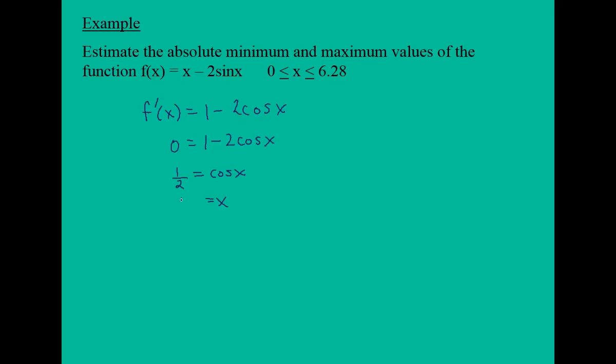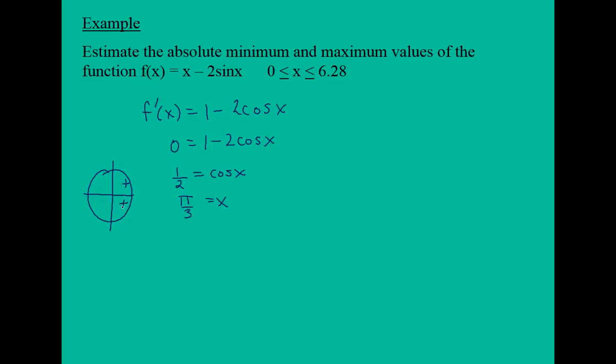Now the cosine of pi over 3 is in the first quadrant. We know cosine is positive in this quadrant here and in the fourth quadrant.